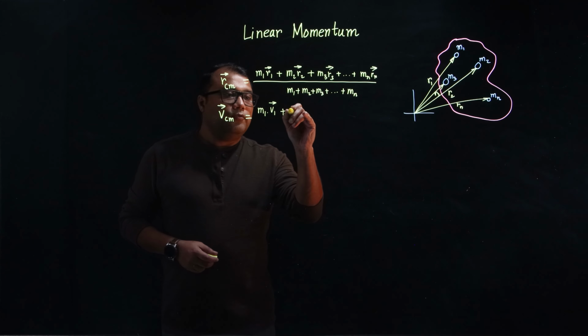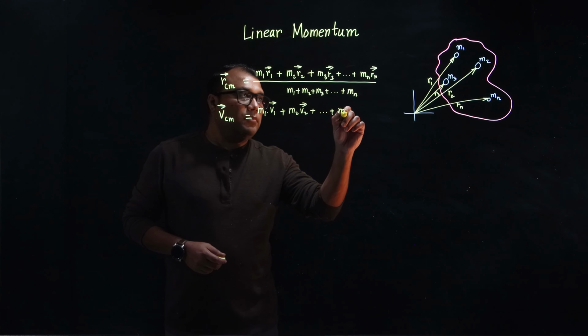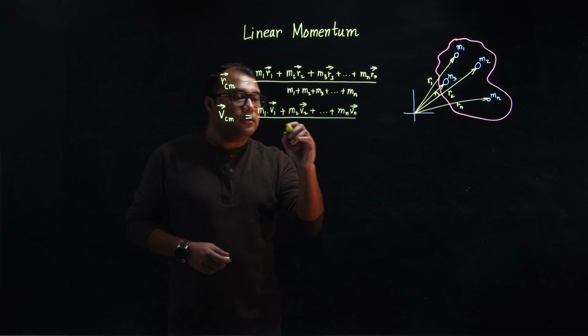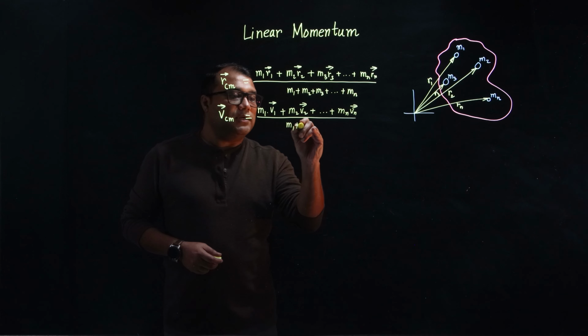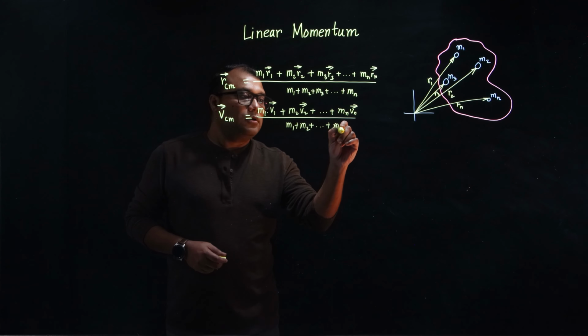Like that, we'll get m2 v2 and mn vn divided by the sum of all the masses.